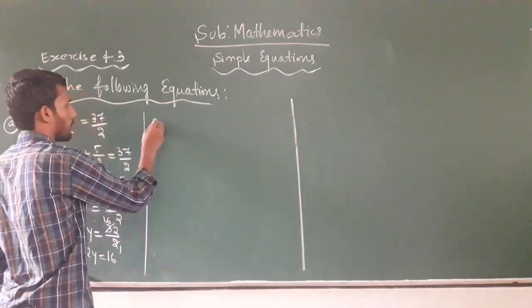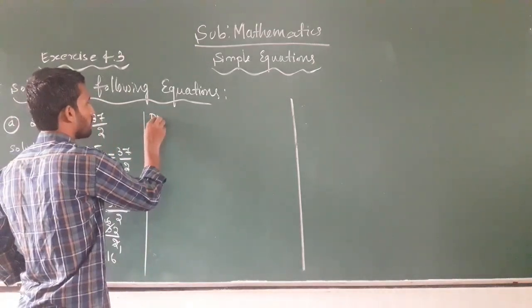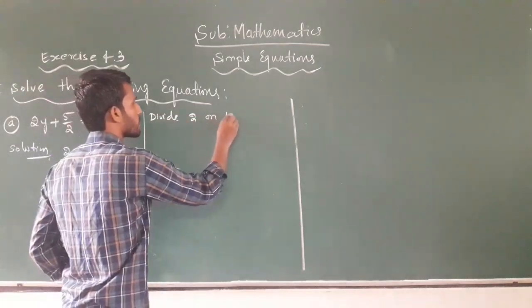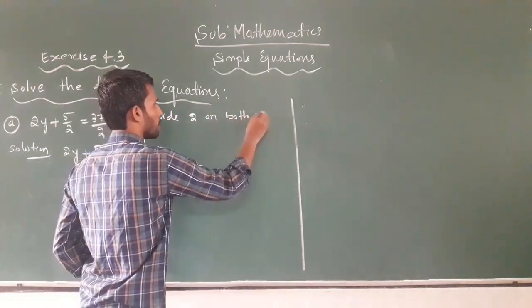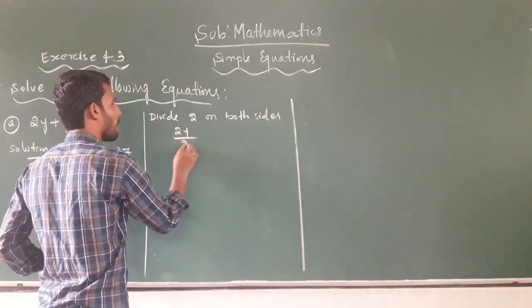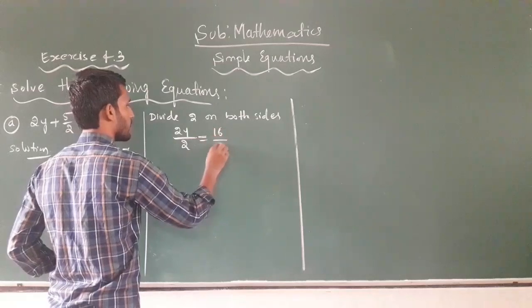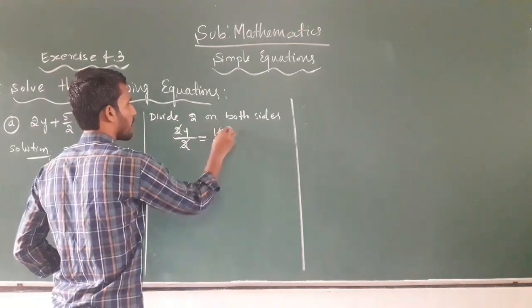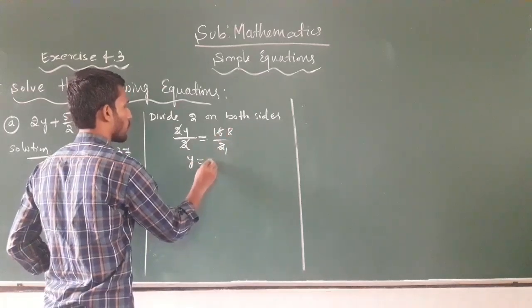Okay, next step. We divide 2 on both sides. Now when we divide, 2y by 2 is equal to 16 by 2. 2 will be cancelled here. 2 1s are 2, 2 8s are 16, y is equal to 8.